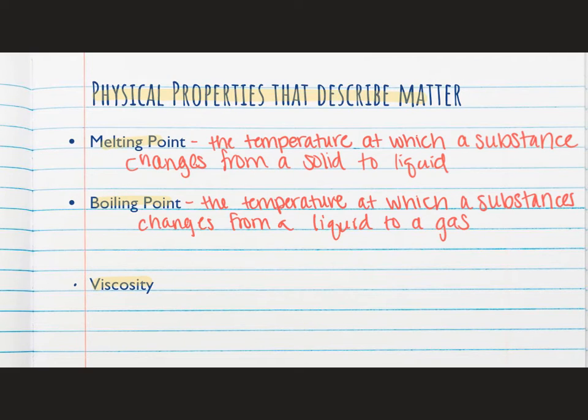Water has a different boiling point than oil, like cooking oil, or than like rubbing alcohol. So we can use this information to figure out what type of material we're working with. So if we had like an unknown liquid, you could figure out what type of a liquid it is based on its melting point, boiling point, maybe its density, and some of these other things we've been talking about.